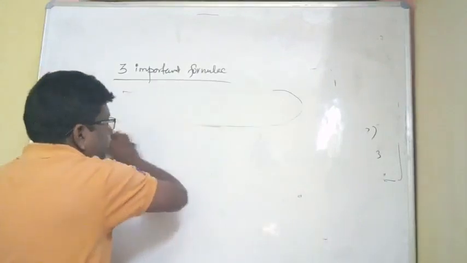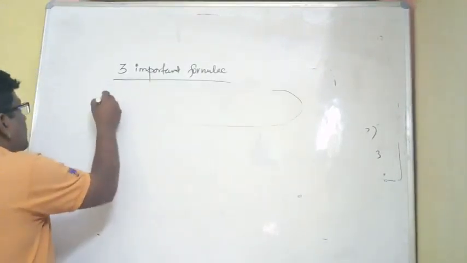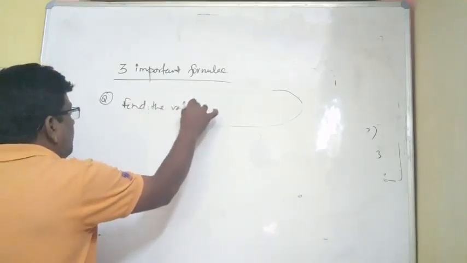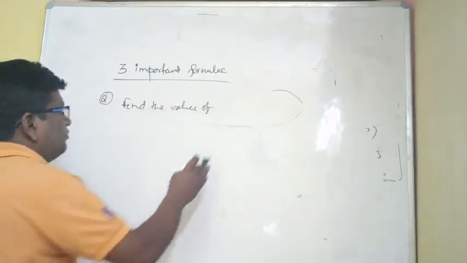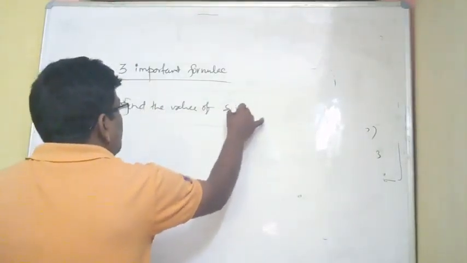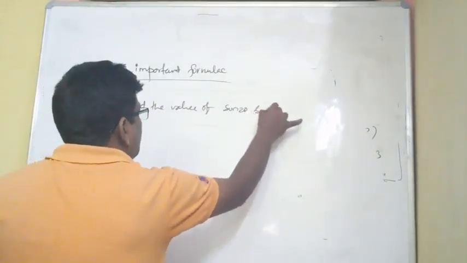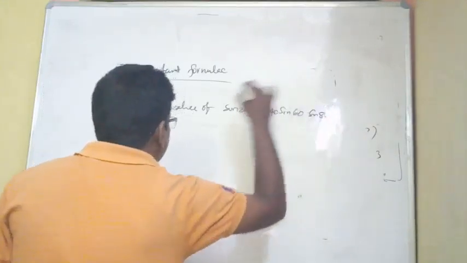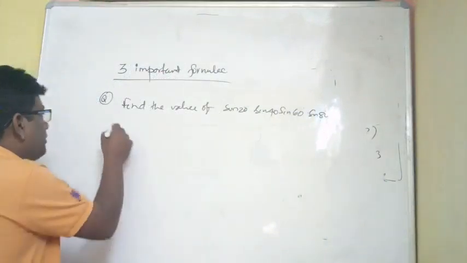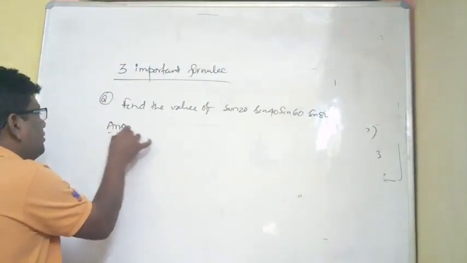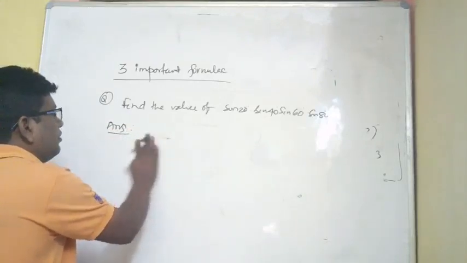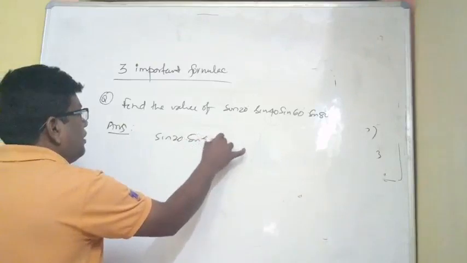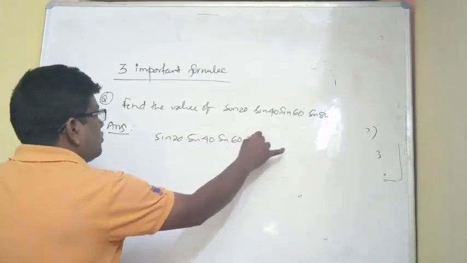Question number 1. Find the value of sin 20° sin 40° sin 60° sin 80°. The answer: sin 20° into sin 40° into sin 60° into sin 80°.